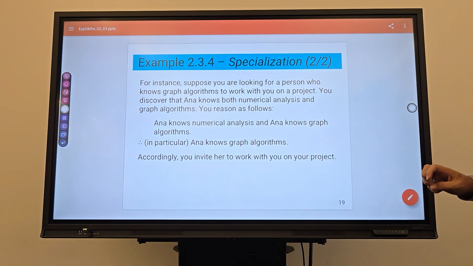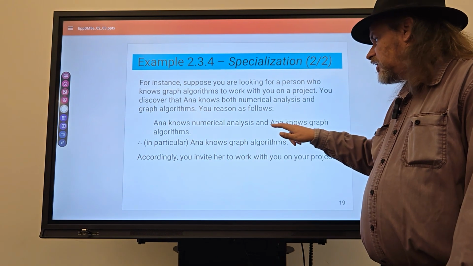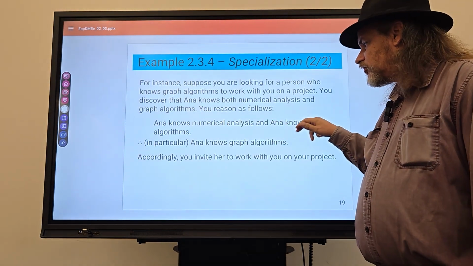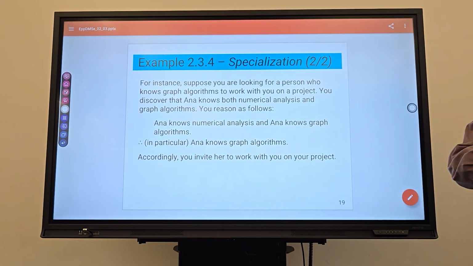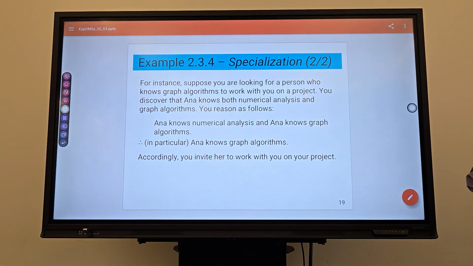An example: looking for a person who knows graph algorithms. Anna knows both numerical analysis and graph algorithms. Therefore, in particular, Anna knows graph algorithms, which is all that you're looking for. So with an AND operation that is true, you know that both of the statements are also true.